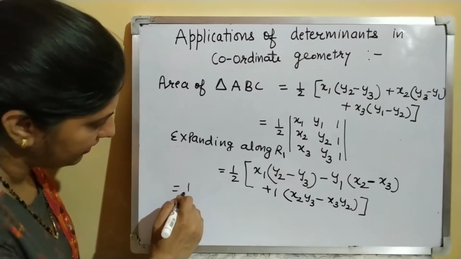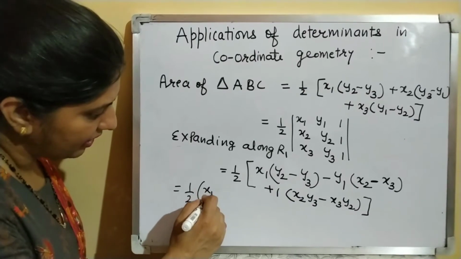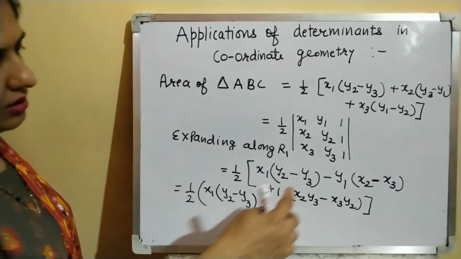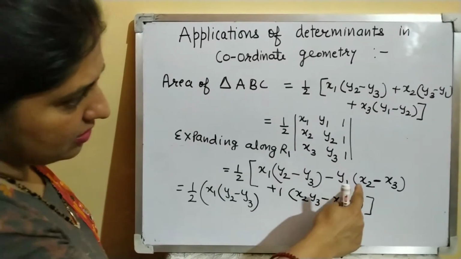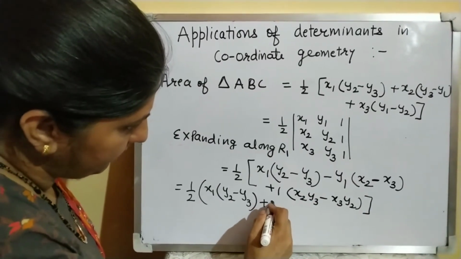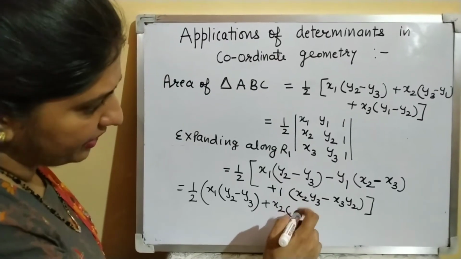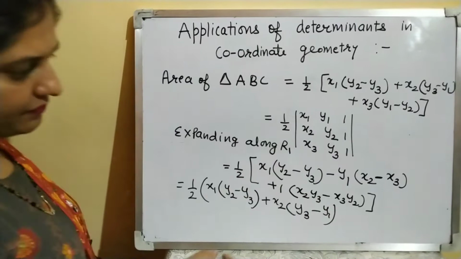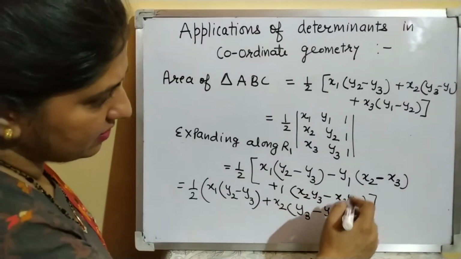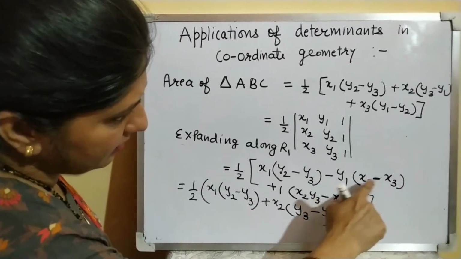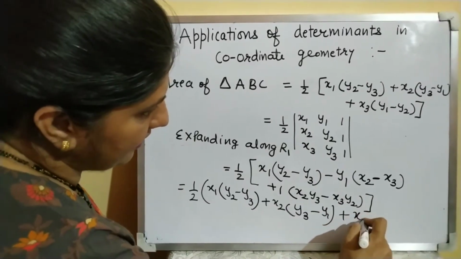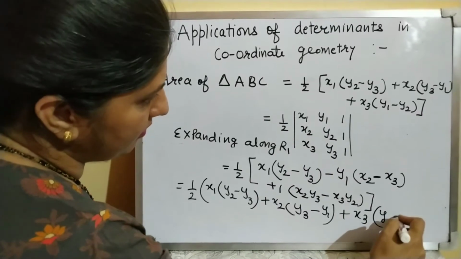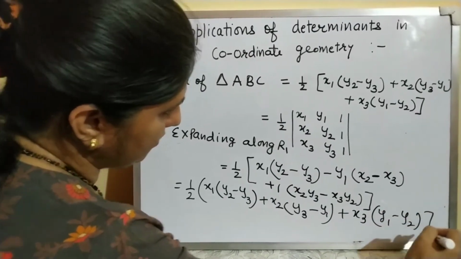What we have, see here, 1 by 2 x1 into y2 minus y3. Now taking x2 common, plus x2, what we get? y3 minus y1. Now next term is taking x3 common, minus minus plus, x3 common. So what we get? We get y1 minus y2.